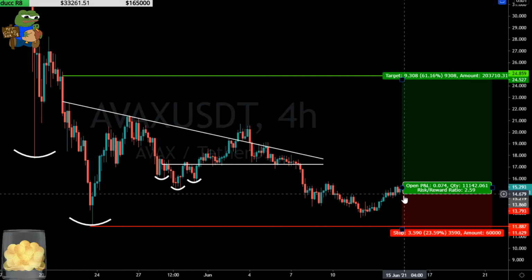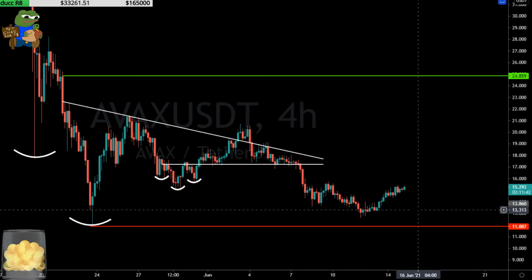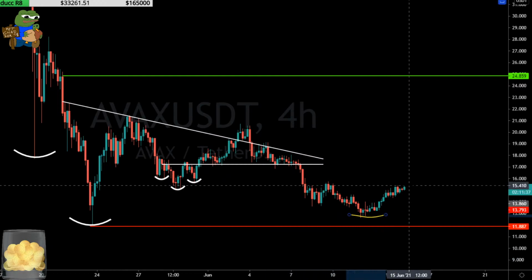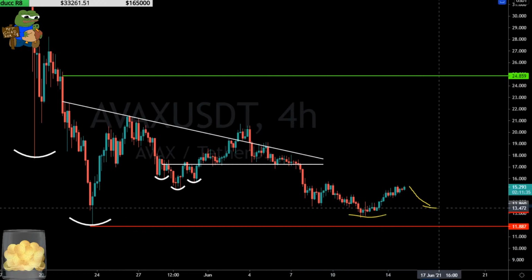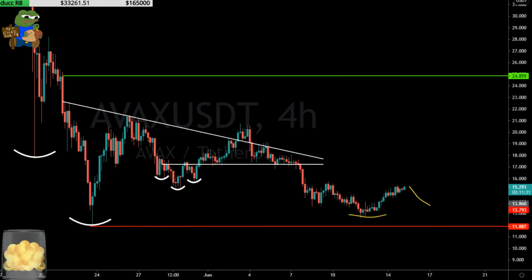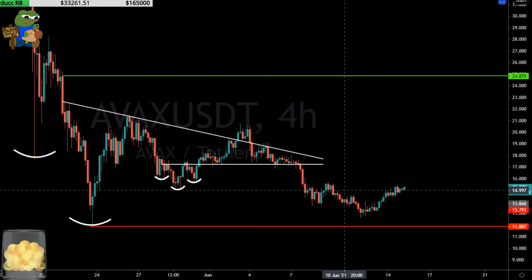It'd be much better to get a little double bottom here, right? So say you get this double bottom, you sell off one more time, slightly higher low, double bottom, right? See what happens, but so far looking decent here.